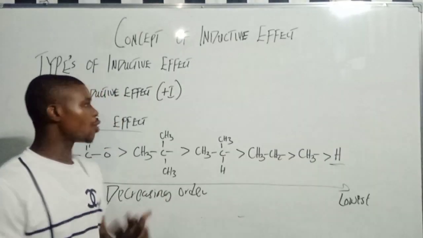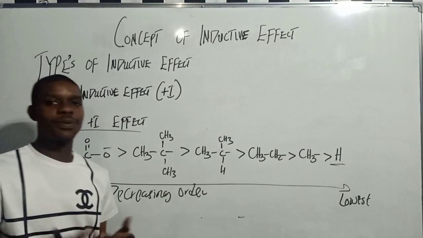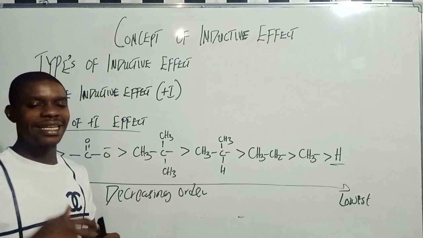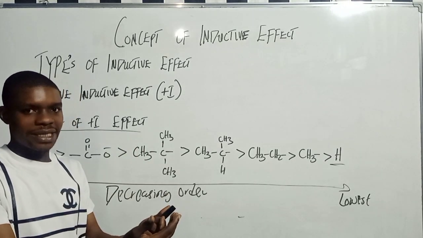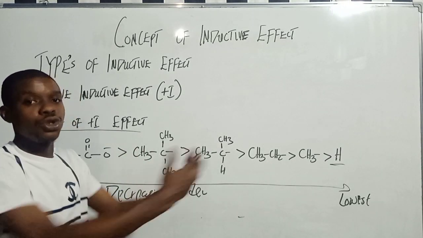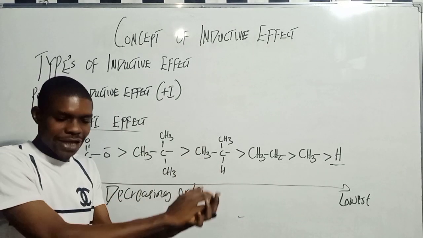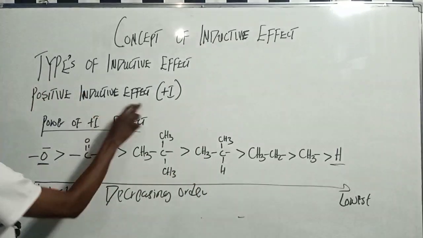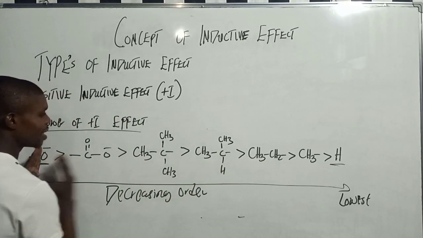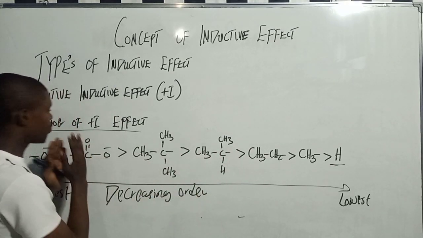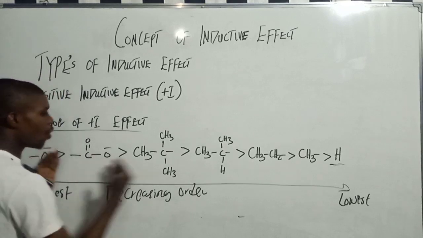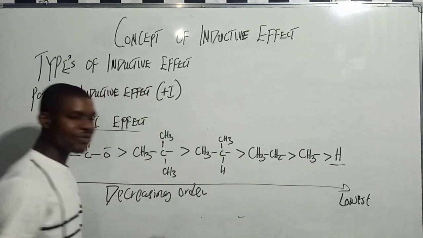I believe you now understand what we call plus I effect. A plus I effect group is a group that increases electron density in a molecule, so they are called electron donating. They increase electron density. That's what is called plus I effect, and these are the various groups that have plus I effect. In their order, hydrogen has zero inductive effect.